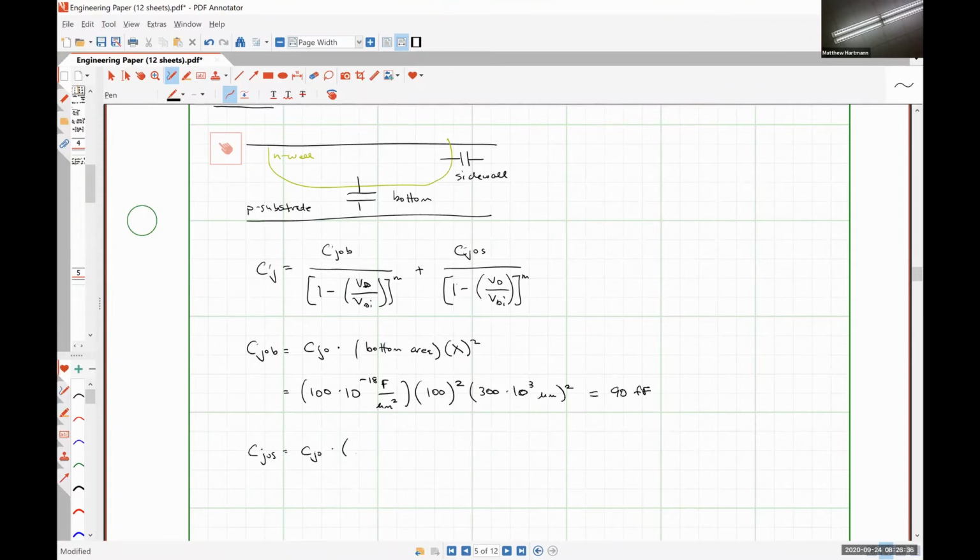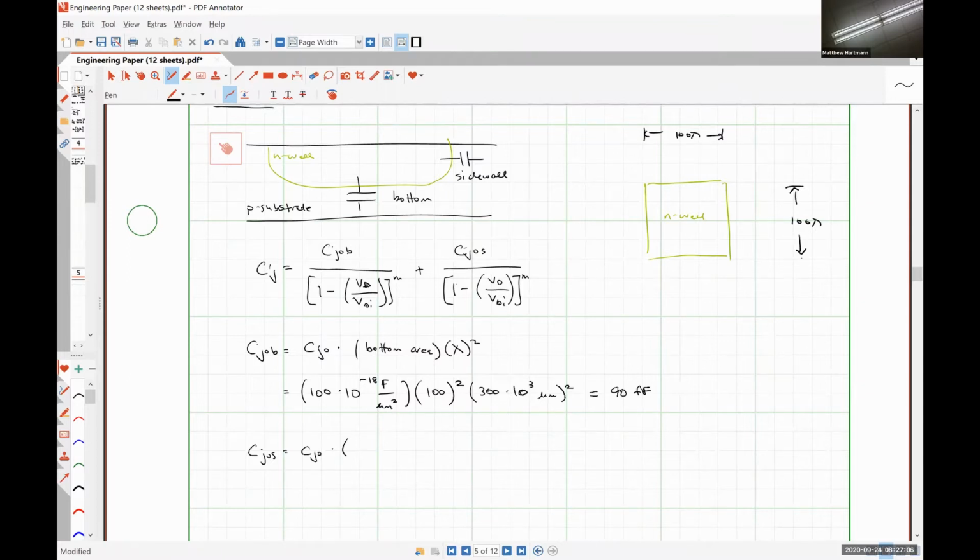From a top-down view, here's our N well, and the dimensions here are 100 lambda, and the dimensions over here are also 100 lambda.